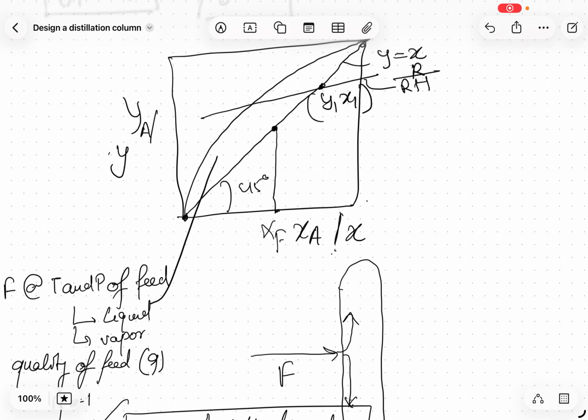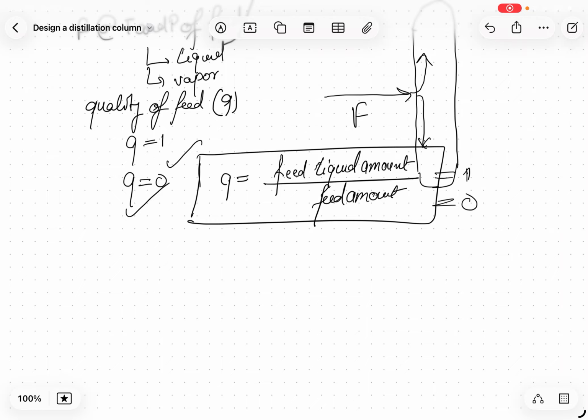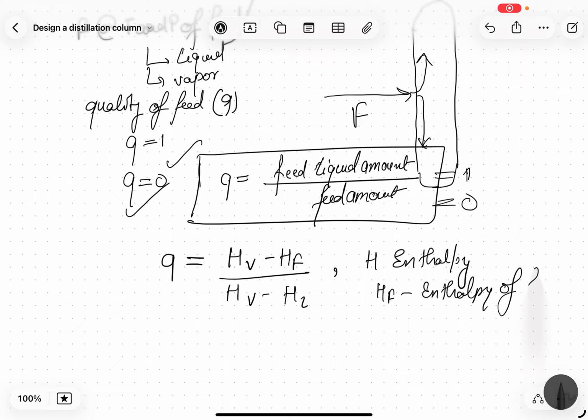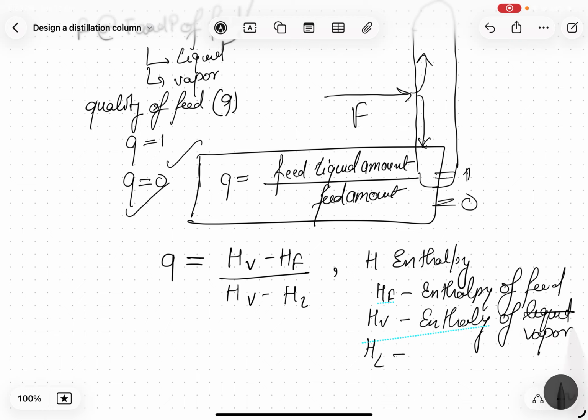Another way, the Q value is generally calculated as HV minus HF over HV minus HL, where H represents enthalpy, HF is the enthalpy of feed, HV is the enthalpy of vapor, and HL is the enthalpy of liquid. So this is how you calculate the feed quality.